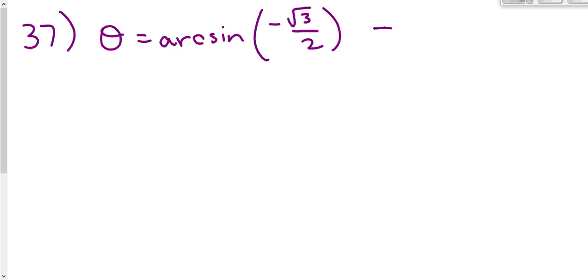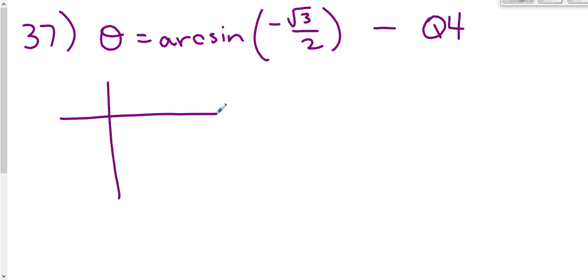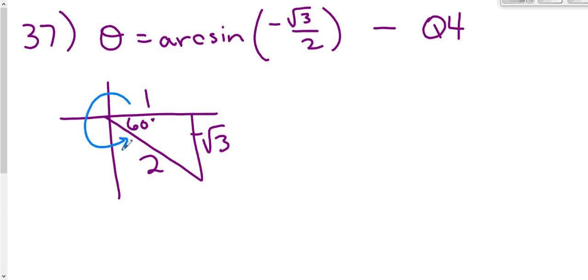So it's negative, so we're going to be in quadrant 4 for inverse sine. Draw the picture. Put the square root 3 on the opposite and the 2 on the hypotenuse. So hopefully we recognize that as a 60-degree reference angle. And we're not going to call that 300 degrees because we're going clockwise this time and giving it a negative degree measure, negative 60 degrees.